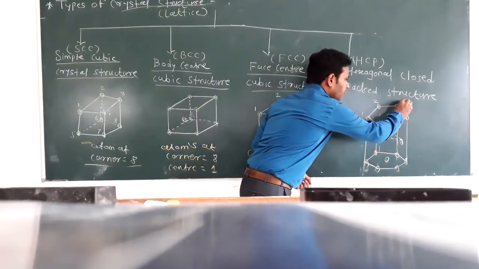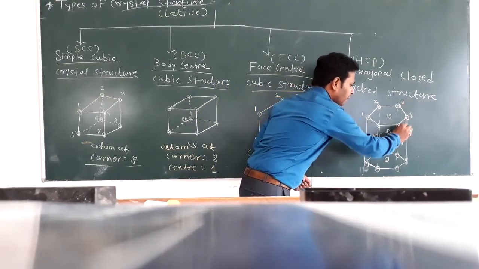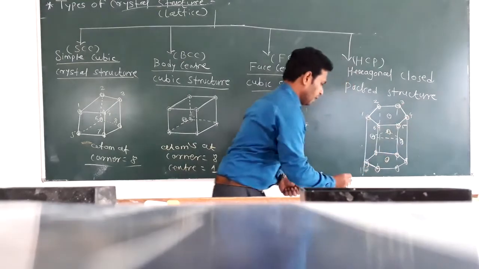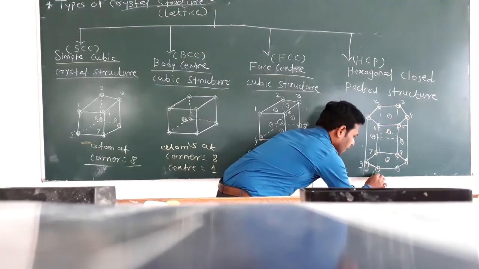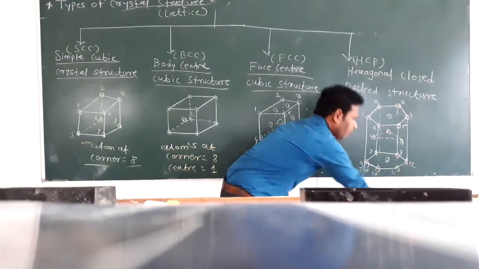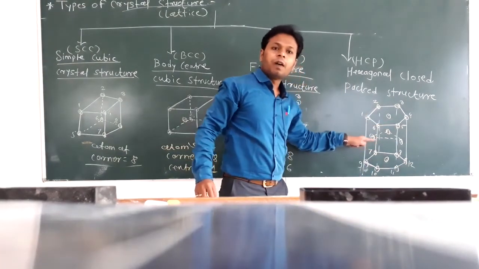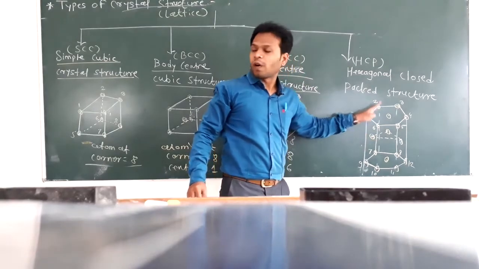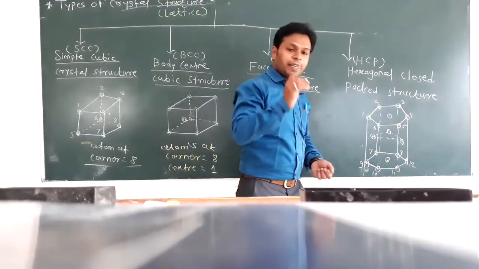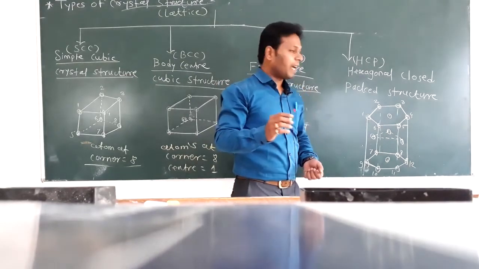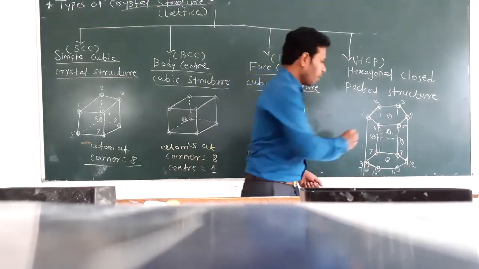1, 2, 3, 4, 5 and 6, then 7, 8, 9, 10, 11 and 12. There are 12 atoms placed at the corners of the crystal structure, and then there are 2 atoms placed at the top and bottom surface of this crystal structure.